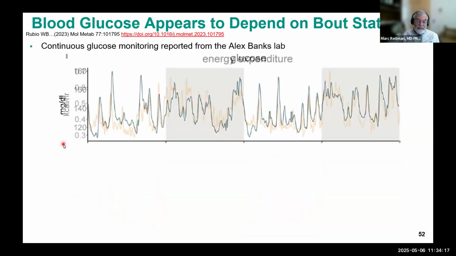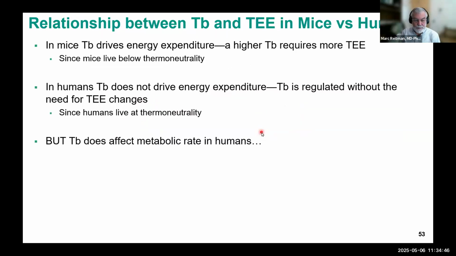And when you do this overlapping of his two graphs, you see that indeed bout status, as determined by energy expenditure here, also correlates with glucose levels. Again, a difference in mouse physiology, but from human physiology that I think really was appreciated before Alex's data. And we would add that basically this is a sleeping versus awake change in glucose at an oversimplified level.